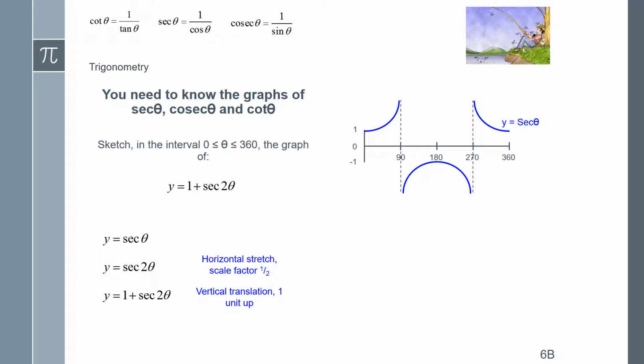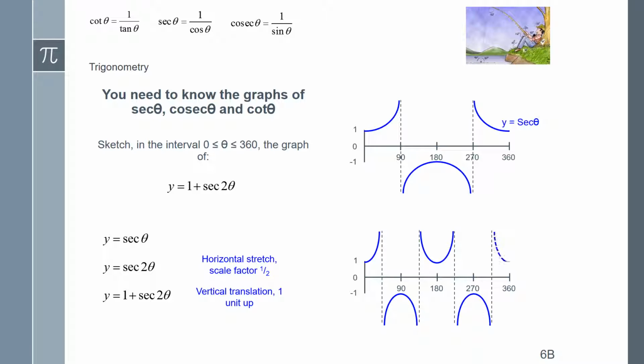So that's what sec theta looks like. Sec theta has asymptotes at 90 and 270. Sec 2 theta is a horizontal stretch of 1/2. So instead of the asymptotes at 90, they are at 45, 135, and so on. So it's a horizontal stretch factor of 1/2, so it squiggles twice as fast. That's sec 2 theta.